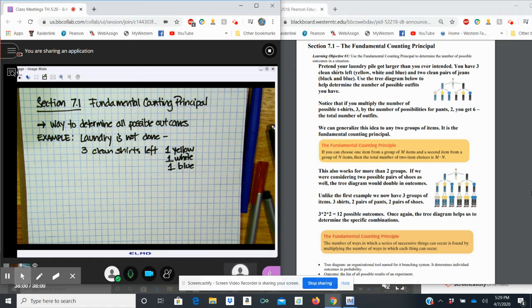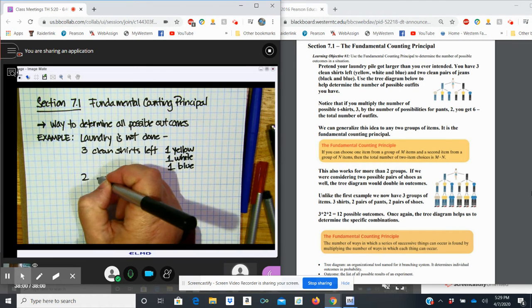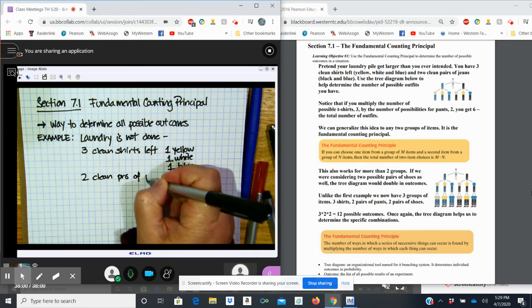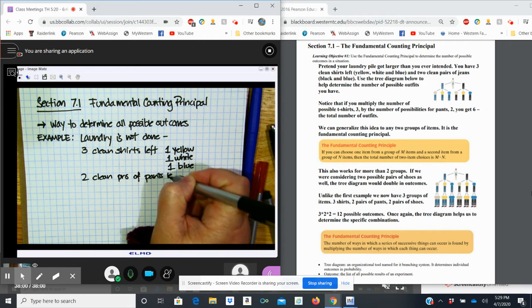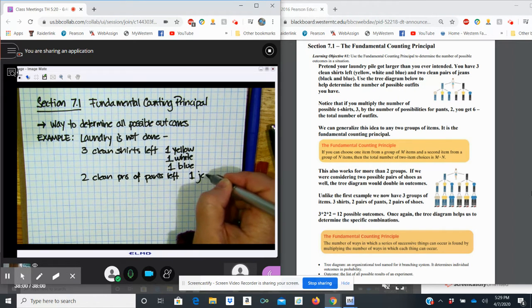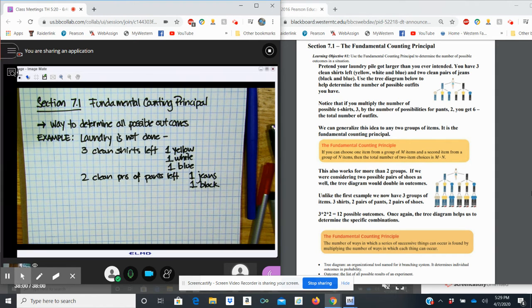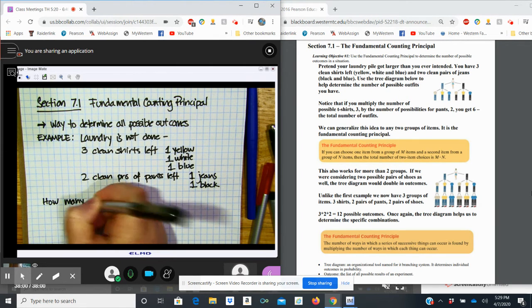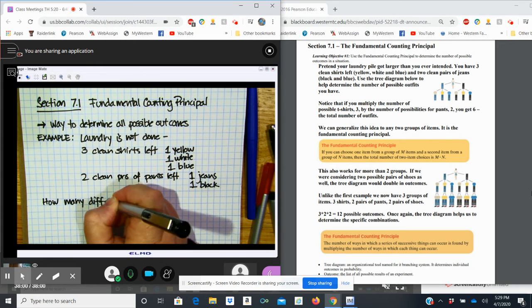You also have 2 clean pairs of pants left. One are jeans, and 1 pair are black. How many different combinations are possible?